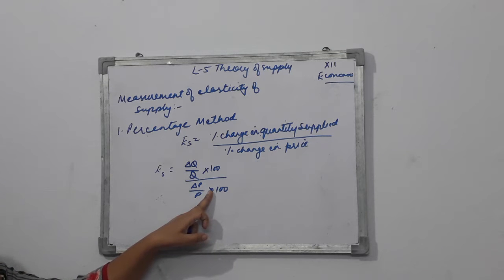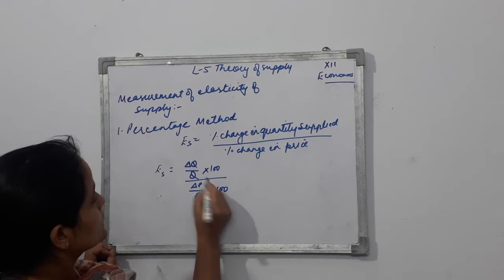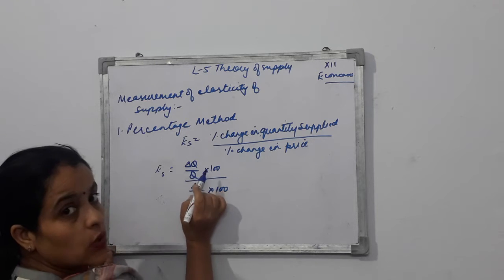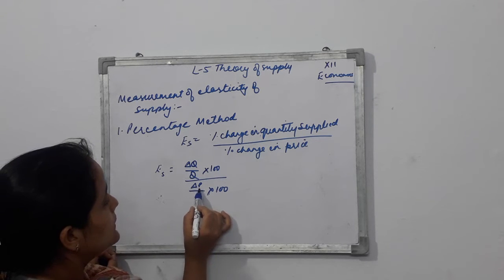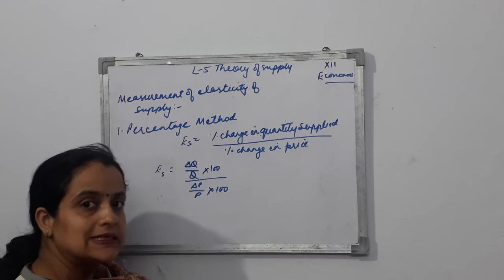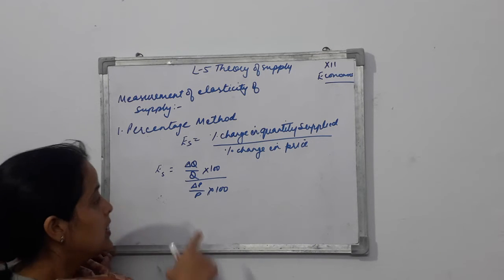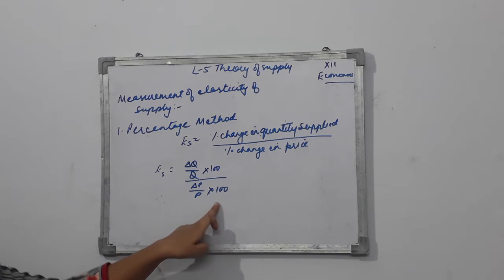Delta Q is the change in quantity supplied, Q is quantity supplied, delta P is the change in price, and P is price.